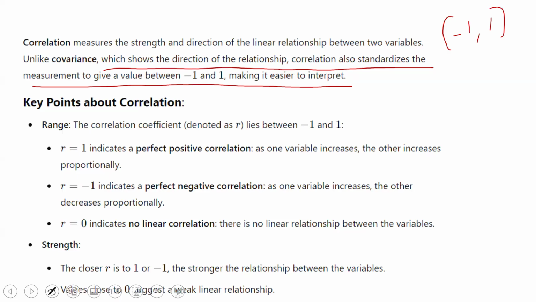If you get correlation as -1, they are strongly correlated, but in the negative, decreasing direction.